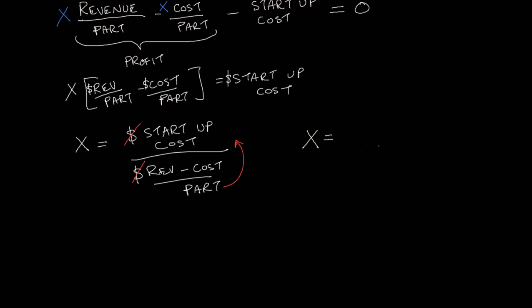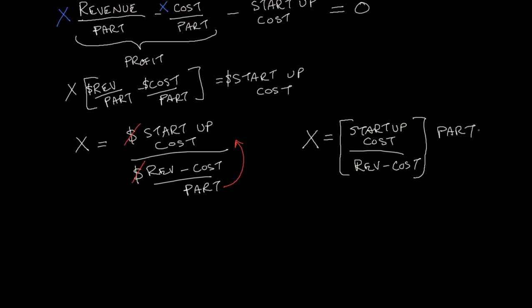X equals your startup cost over your revenue minus cost, per part or parts.